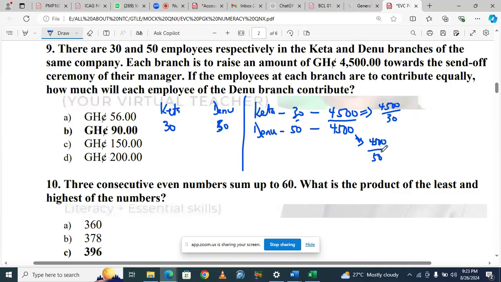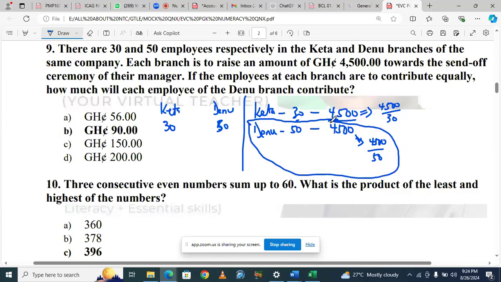Please, do you really understand it? We are taking it step by step. Now continue. 150. Please continue the question. How much will each employee of the Denu branch contribute? Now, it is only for Denu.